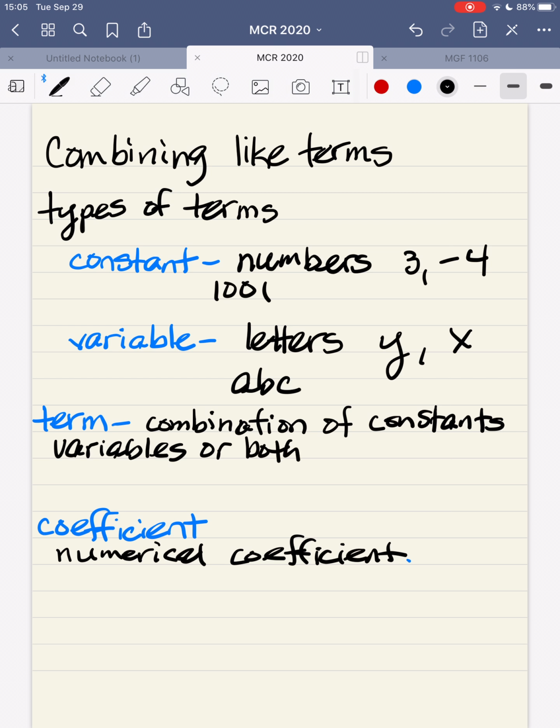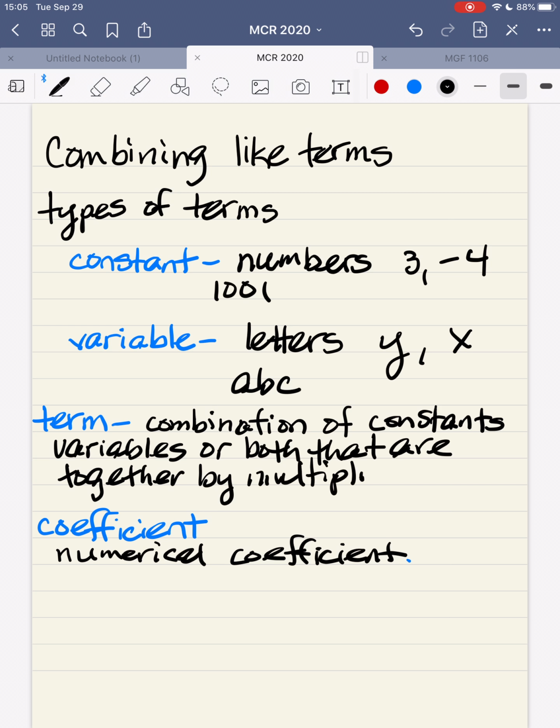So you can have one thing, the other thing, or both that are together by multiplication. Okay, so addition and subtraction is what separates terms from each other.